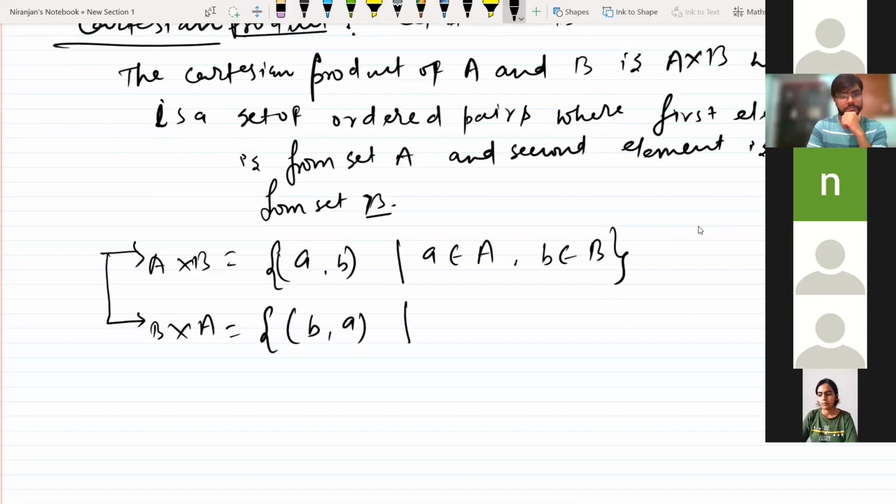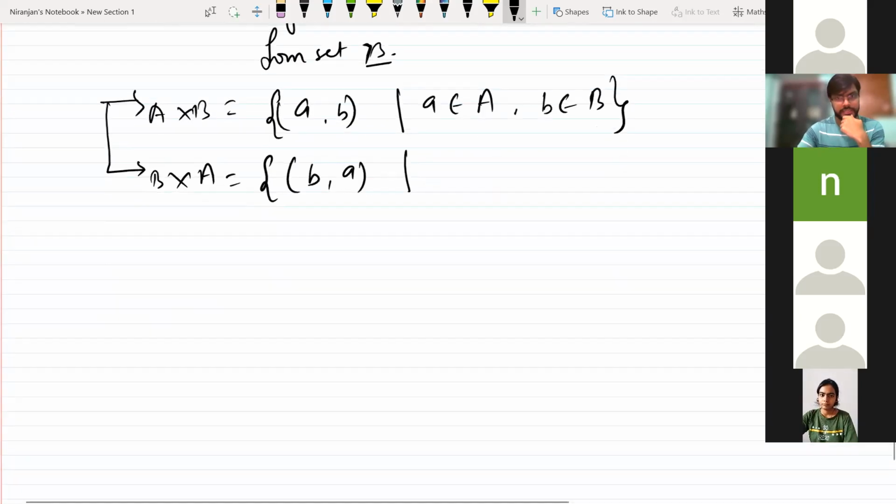Can anyone answer? A cross B and B cross A, are these two same? Anyone? I guess they are.